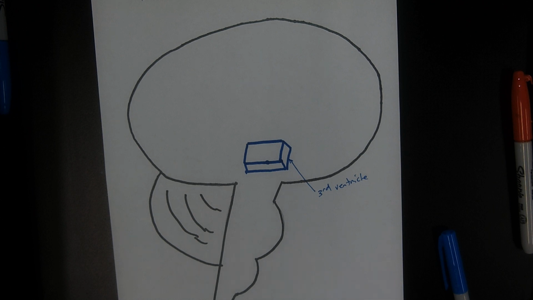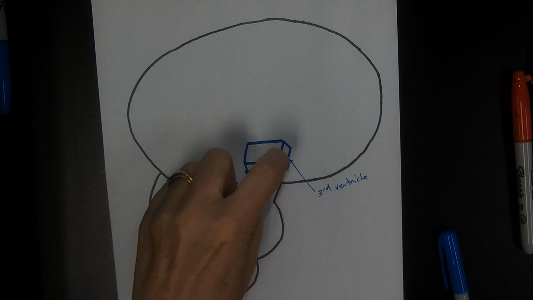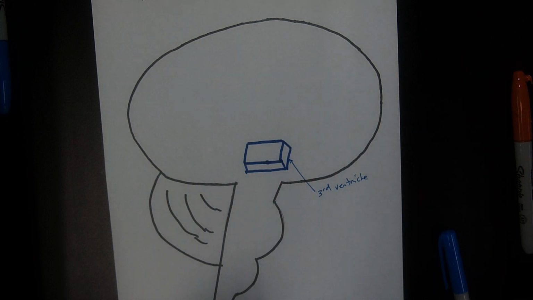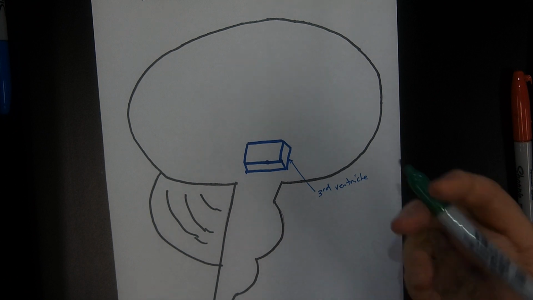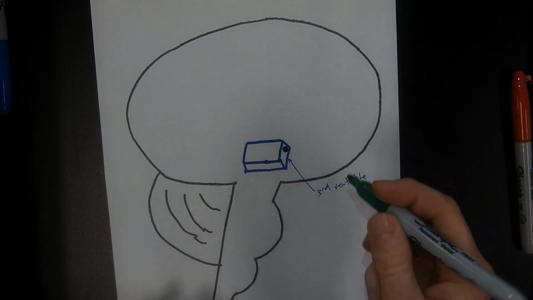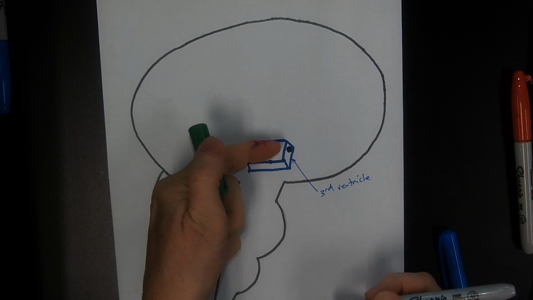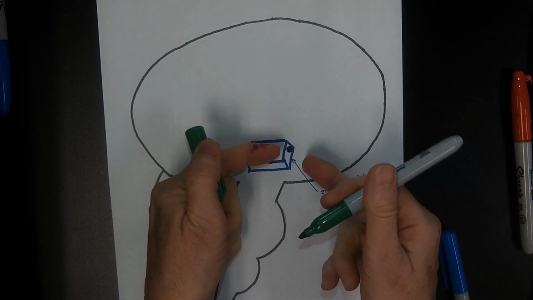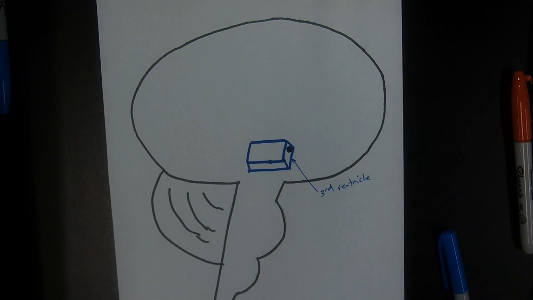I'm not going to be able to see the left side here, but there's going to be a hole on this side of the ventricle, here. There's going to be another hole on the other side, but since we've cut this ventricle in half, we're not going to be able to see it. So there's a hole right there. That hole is going to be important for connecting to the lateral ventricle.